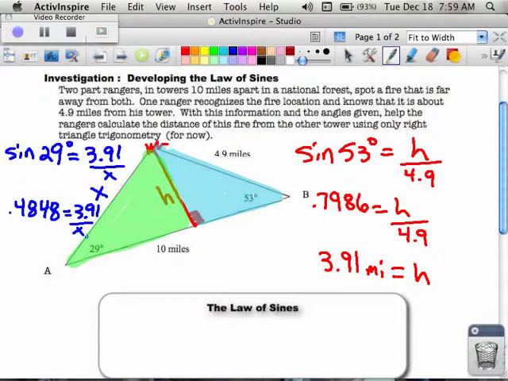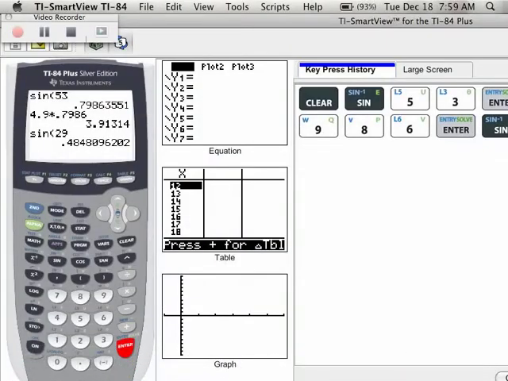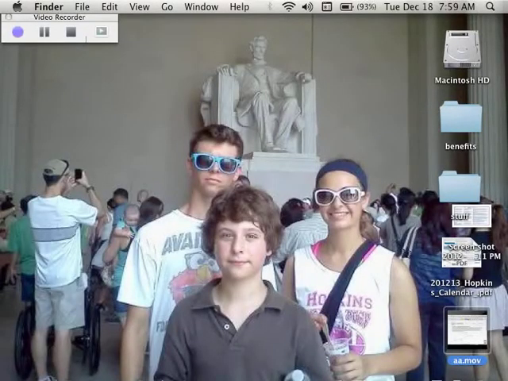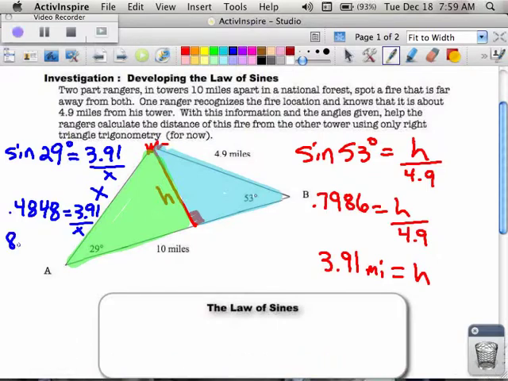So in order to solve that, I'm going to take the 3.91 and divide by the decimal. And I get, to the nearest 2 decimal places, 8.07. And again, that's in miles.